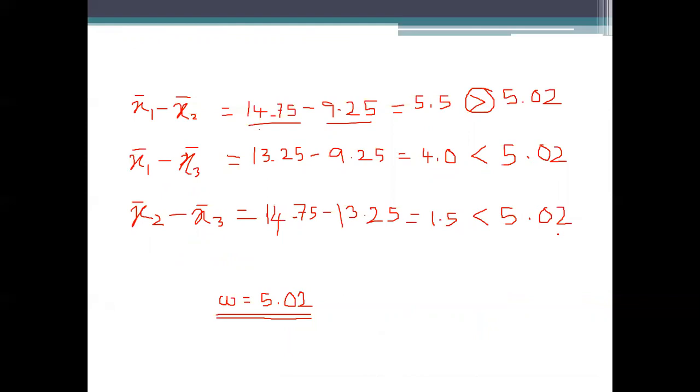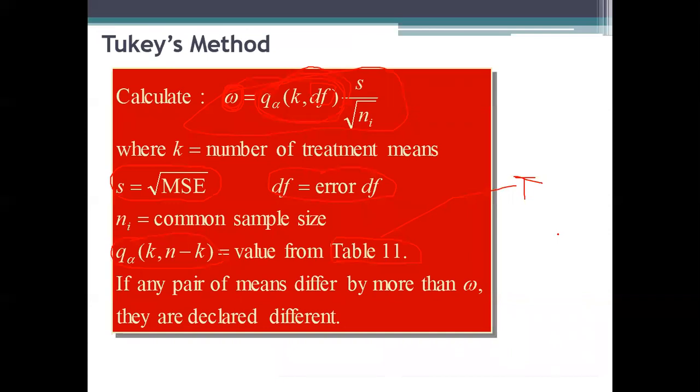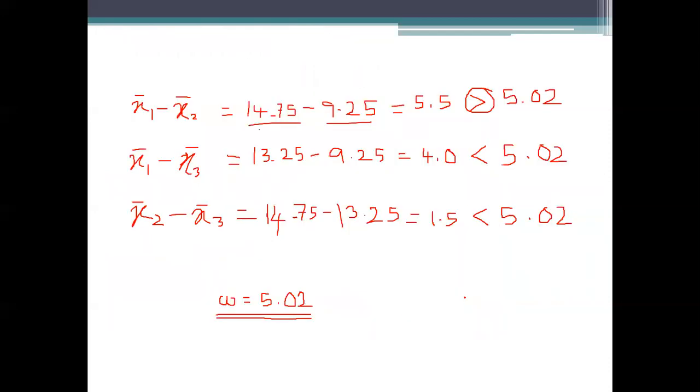If you refer back to the assumption of Tukey's method, it stated that if any pair of the means differ by more than the value of omega, then we can declare it is different. So what is the value that we get more than omega? That is this one.